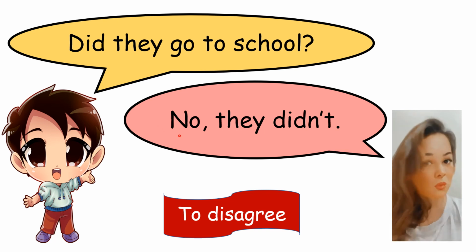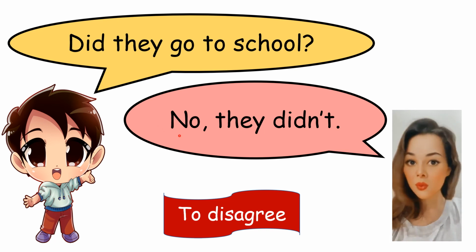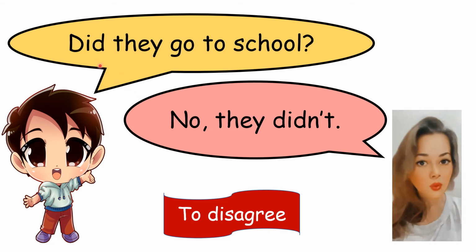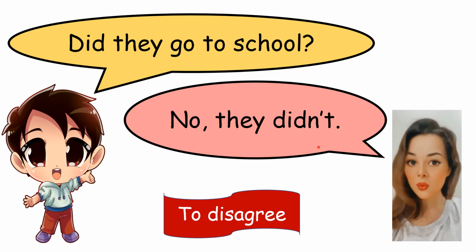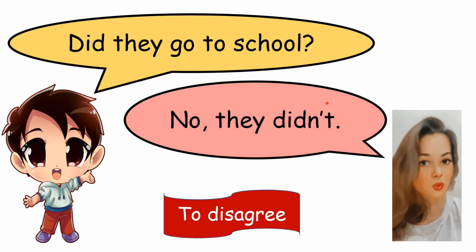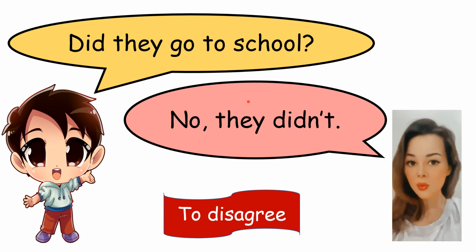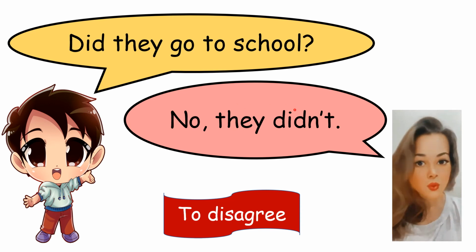Okay, whenever we answer no, for this kind of question, if we use did in the question, to answer no, we use the word didn't. And it goes, no, they didn't.